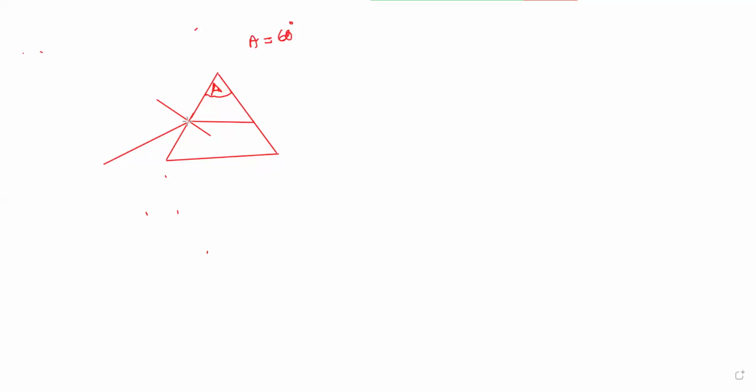But we are told that at the other surface, the light is incident in such a way that total internal reflection occurs there. So what is this least angle of incidence where total internal reflection would occur?